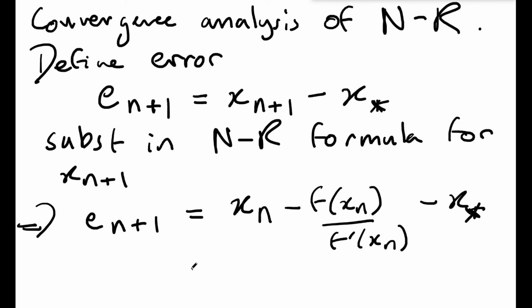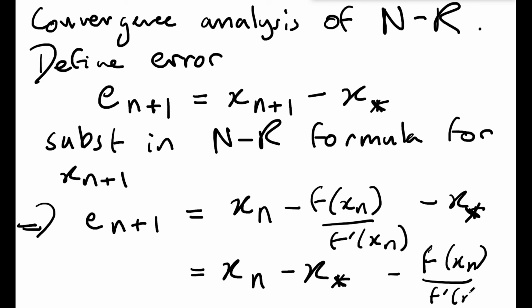And I'm going to do a little subtle movement. I'm going to move the minus x star bit to the other side of f over f prime, because it's useful. So xn minus x star, minus f of xn over f prime of xn.